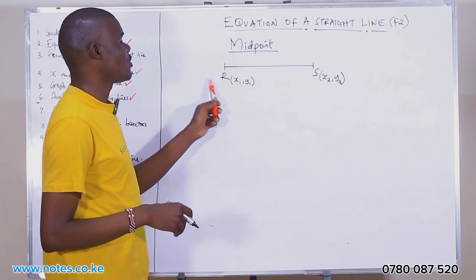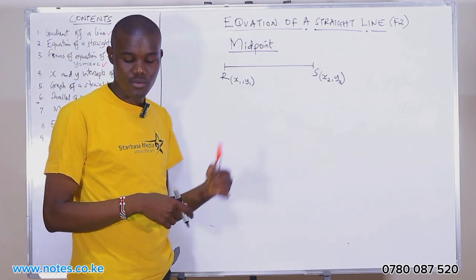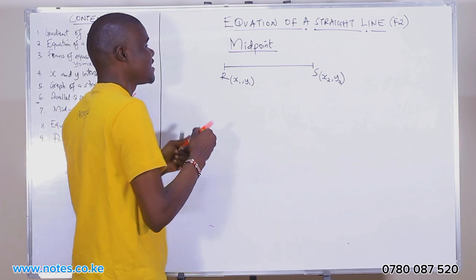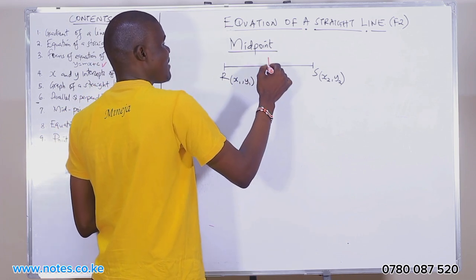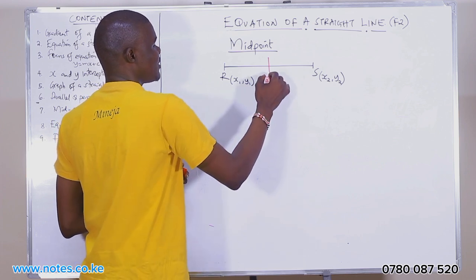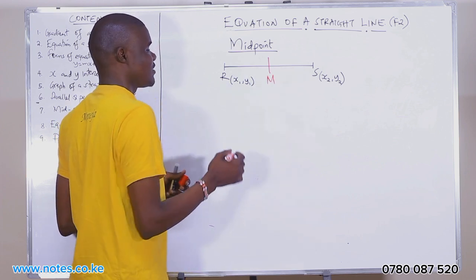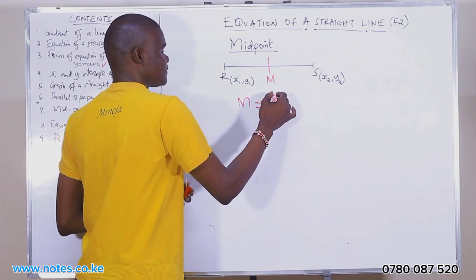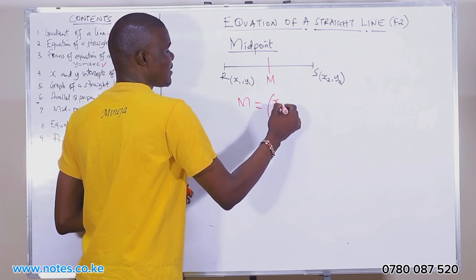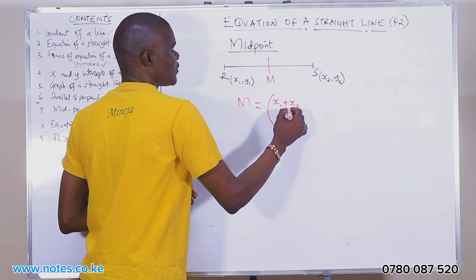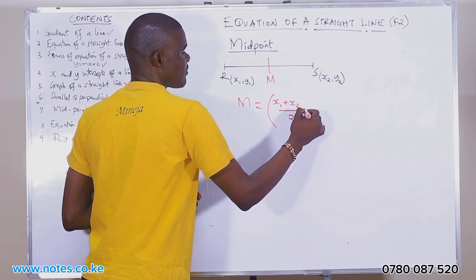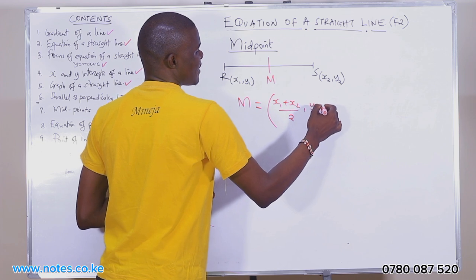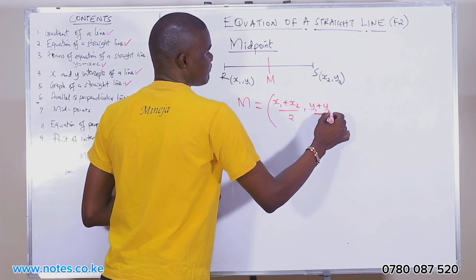Basically talking about origin and destination. We are coming from somewhere and we are headed somewhere. When I want to find the midpoint M of this line, it is a basic concept. You get it by having x1 plus x2 divided by 2, comma, y1 plus y2 over 2.